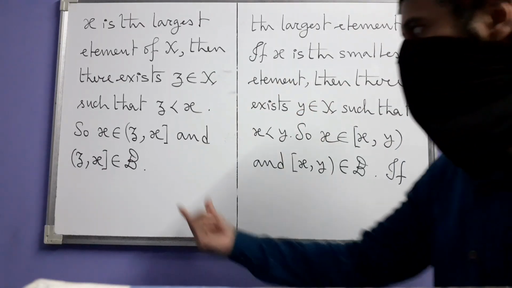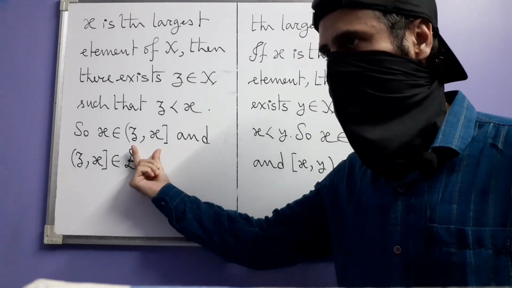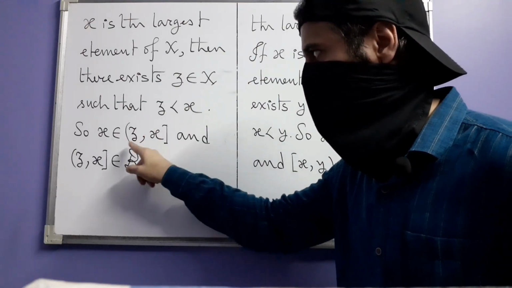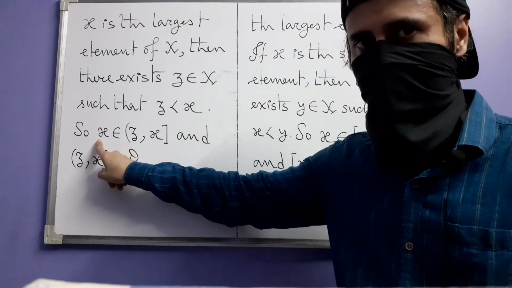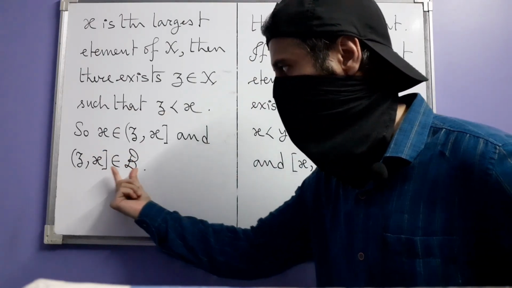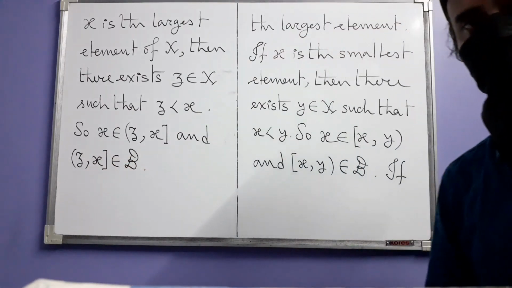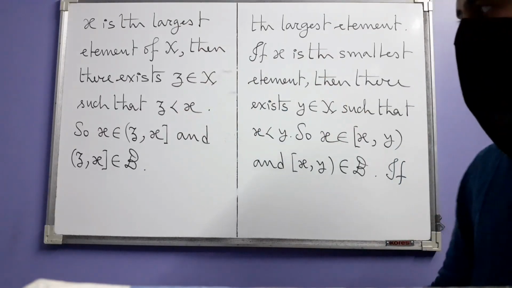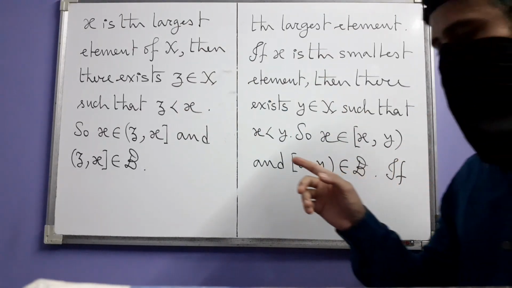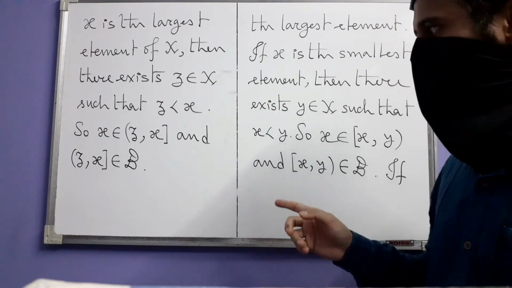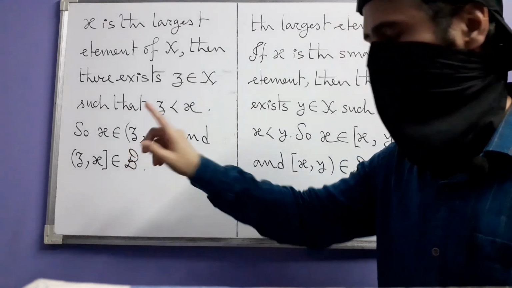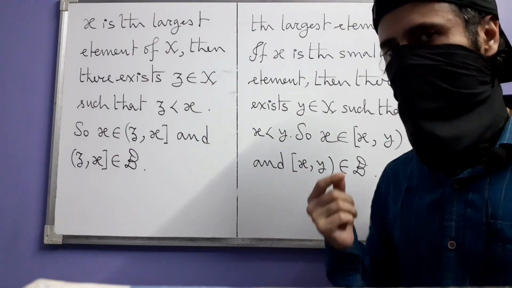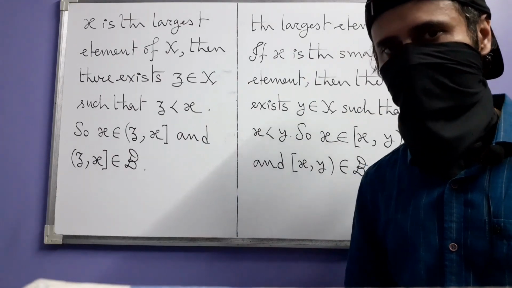But now you can consider this half-open interval (Z, X], and that of course contains your chosen point x, and it now is inside this collection B because now there is a largest element. So in this case also you see that your chosen point X is contained inside at least one element from the collection. So the first condition for a basis has been verified for this collection B.